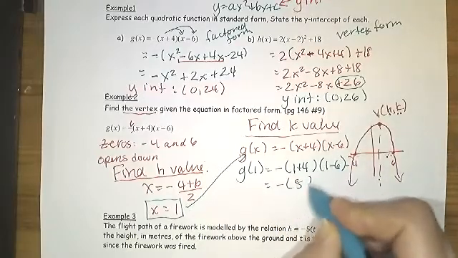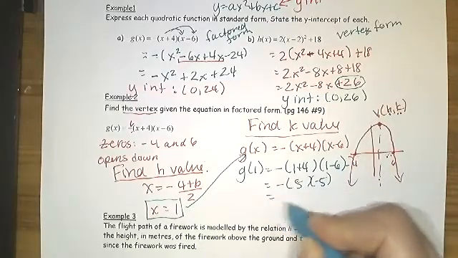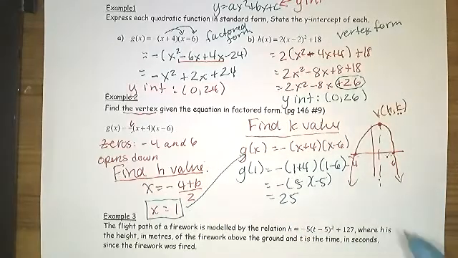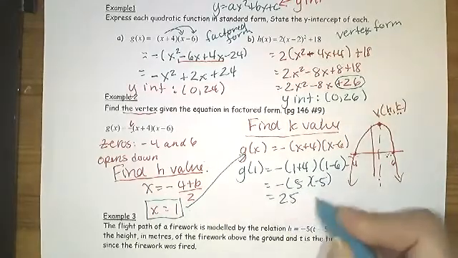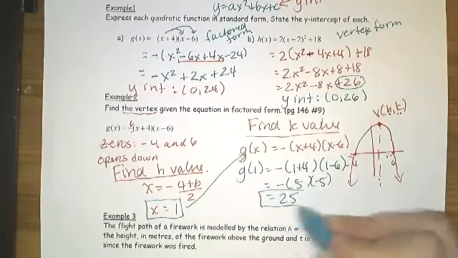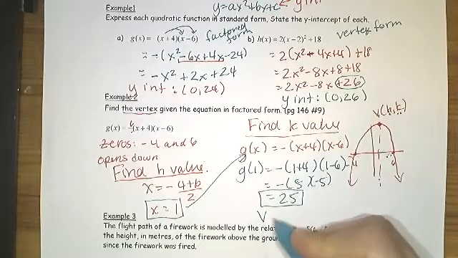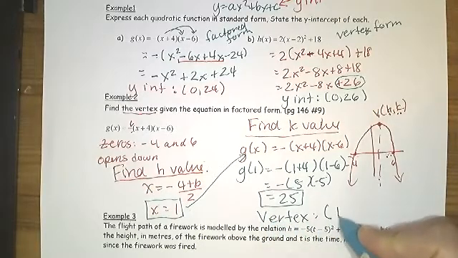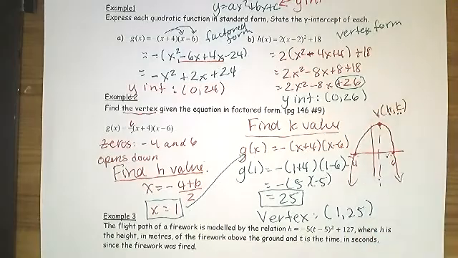If we simplify this, we get that the value here is 25. So we know this represents the k value and this represents our h value. So then we can say the vertex is (1, 25).